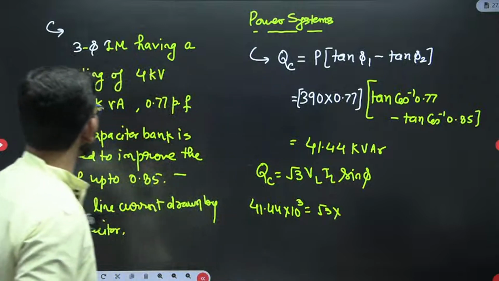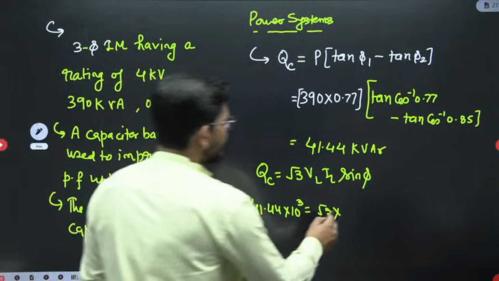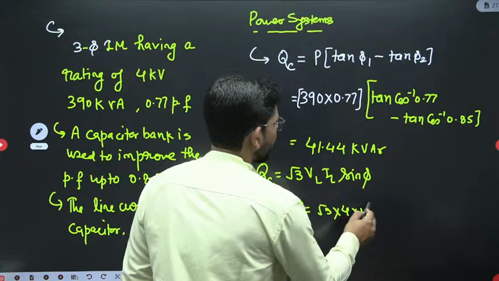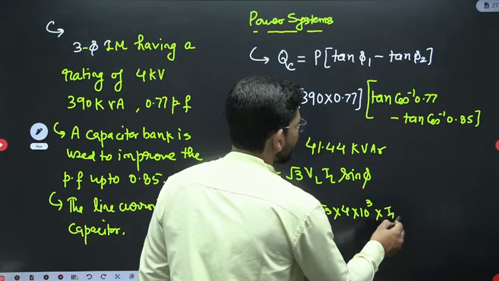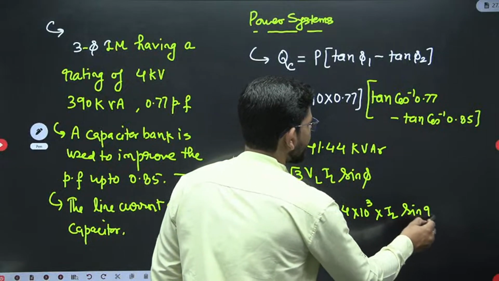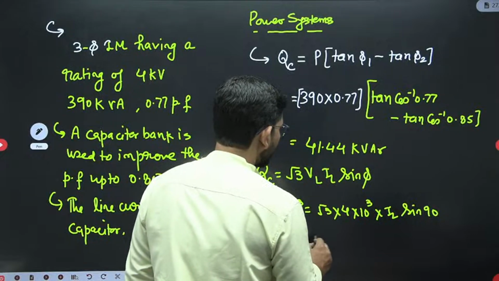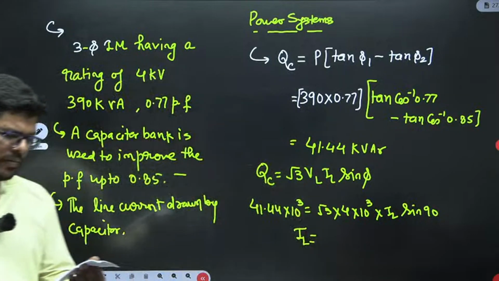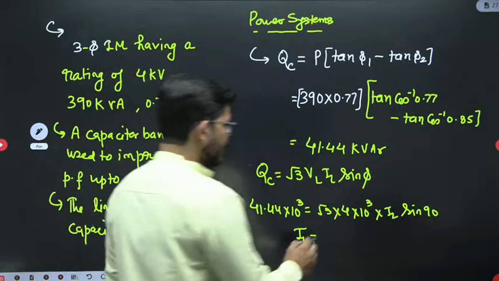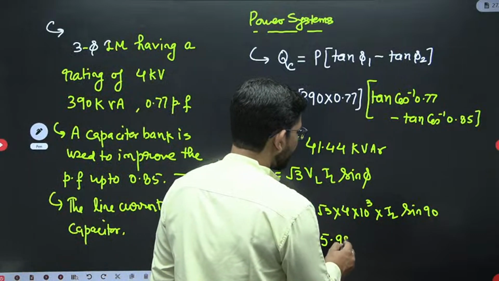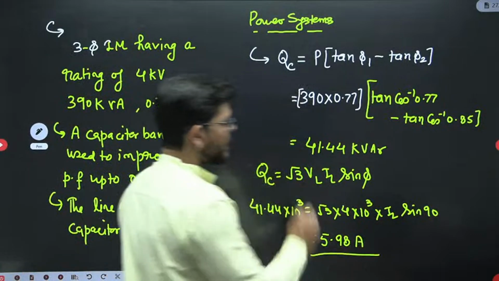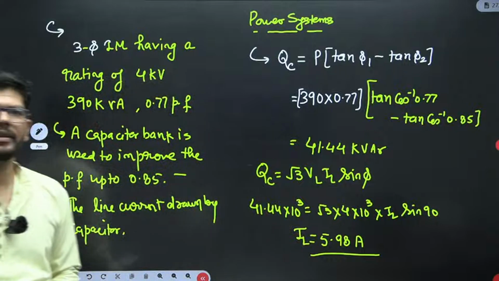The line voltage was given as 4 kV, and IL is what we have to calculate. Phi will be 90. When you solve this equation, you get the line current, which came to 5.98 amperes. So this was an easy question.